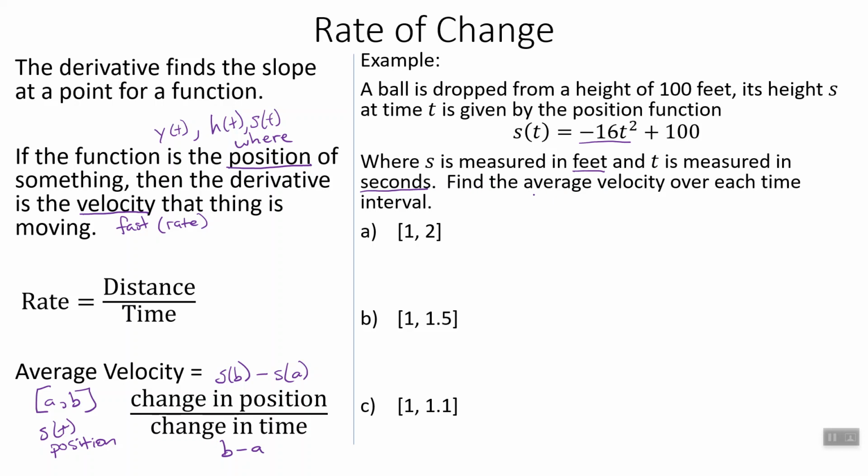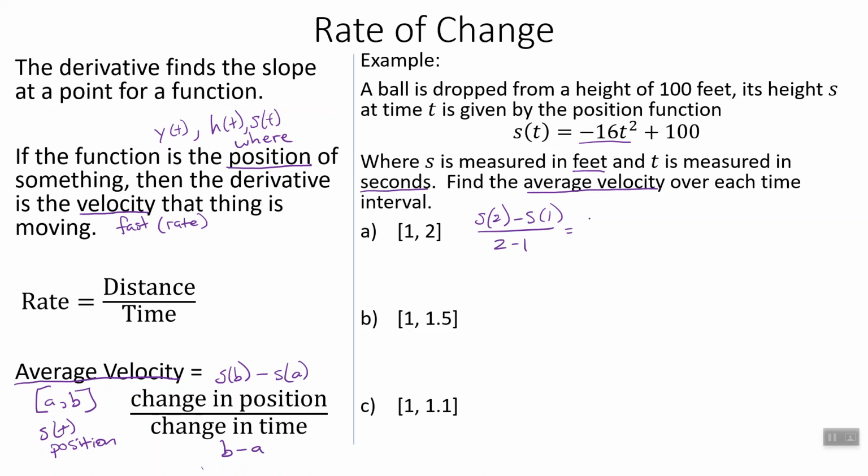Find the average velocity over each time interval. So average velocity, that's right here. So we want the position at the end minus the position at the beginning divided by the difference in time, how long it takes to get there. So the average velocity here will be s of 2 minus s of 1 over 2 minus 1.